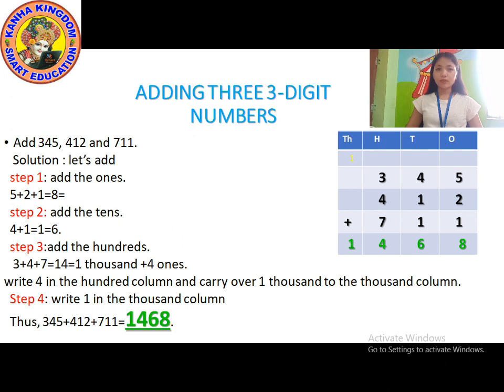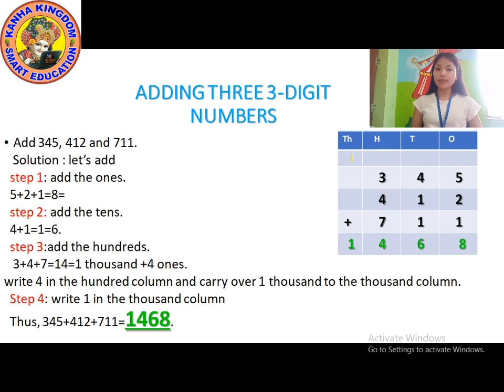Students, see, the first step of adding three-digit numbers is add the ones. The second step is add the tens, the digits present in the tens place. The third step is add the hundreds, the digits present in the hundreds place.